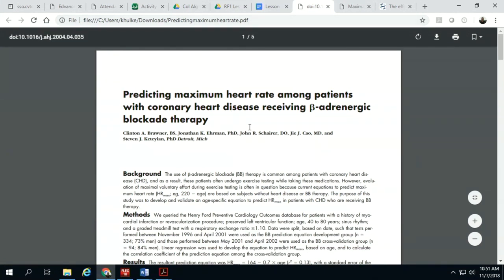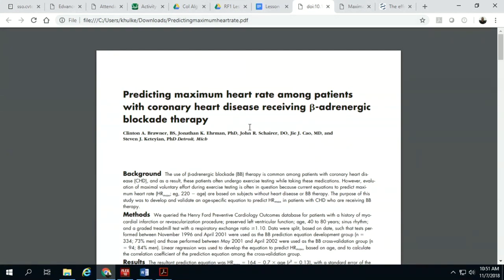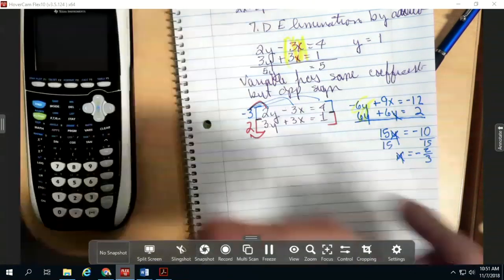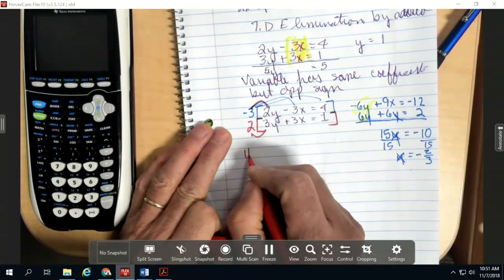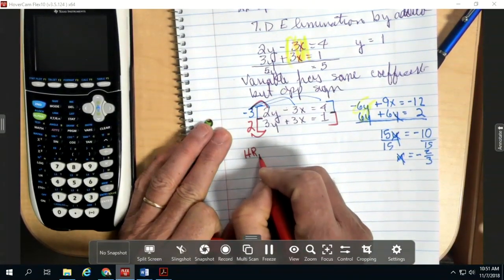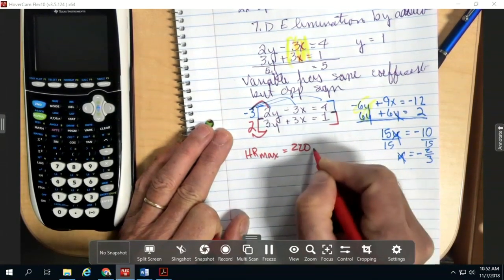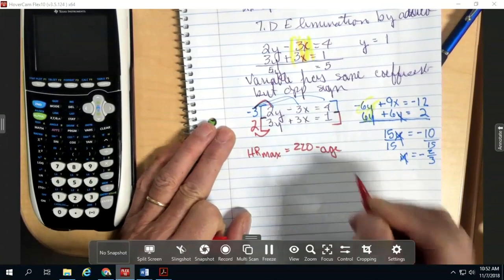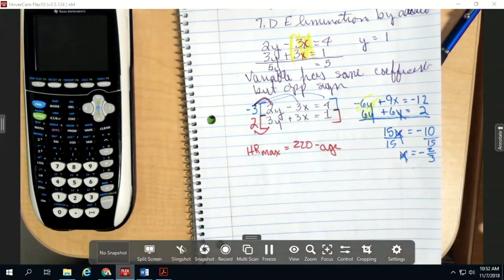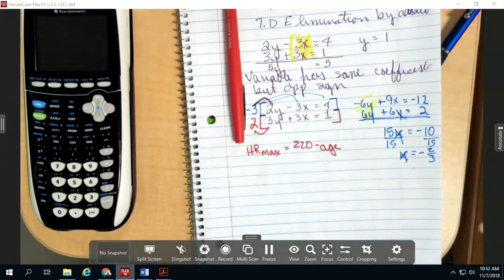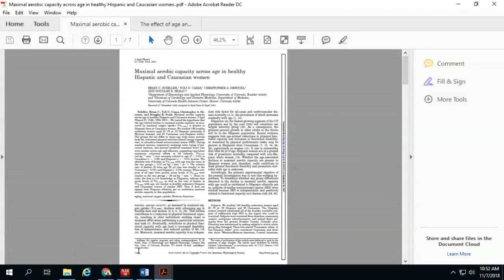So let's go through them and write them down on our paper. The first one to write down is the one that's given in our book, which says heart rate is 220 minus the age. All right, Menominee, which one did you guys do? Caucasian women? Did you do this one?